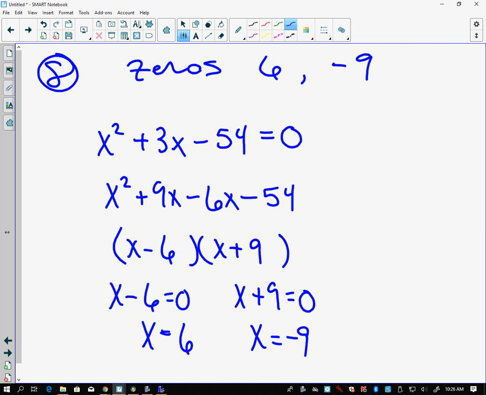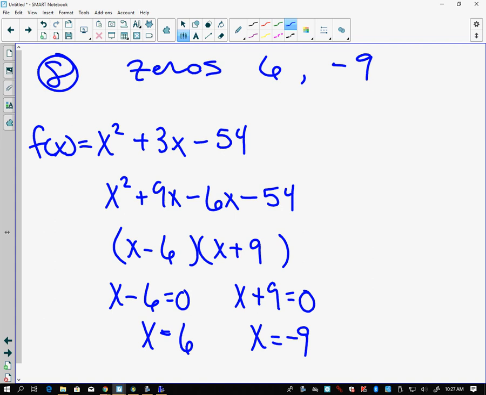Equals 0 because there will be one of these. Actually, let me double check. No, what we want, because there's going to be 2 of them that look really similar. I don't really like that they do this. But because they want the quadratic equation, what they're looking for is f of x equals. They want the f of x equals.